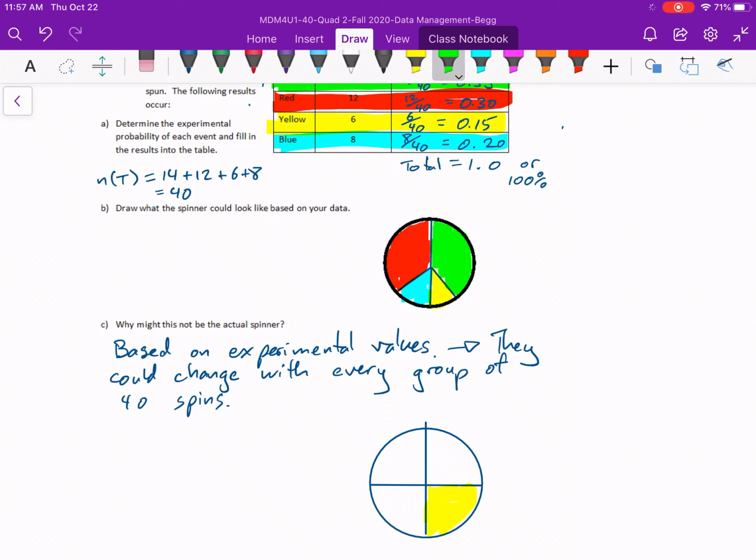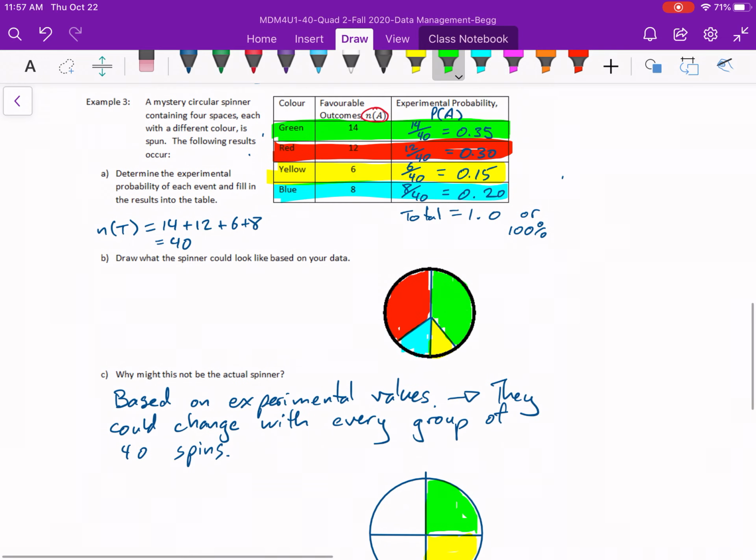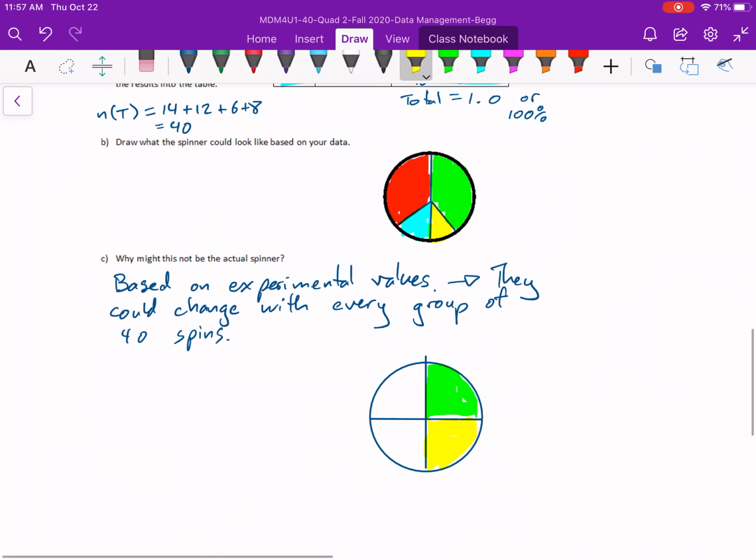Maybe it's just completely equal, because just because they turned out to have more green and red than yellow and blue doesn't mean that they had more space on the wheel. And that's the randomness of probability again. So we have to consider that anytime we are dealing with probability, as we're going to see as we go through this course. So here's another possible way the spinner could look. We don't know. No one showed us the spinner. We're just sort of working backwards to think about what it might look like.